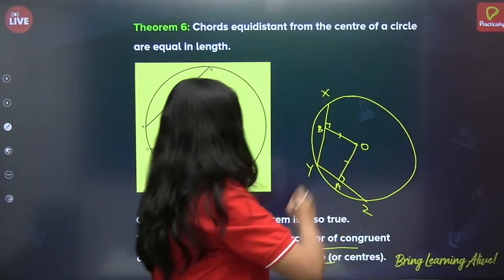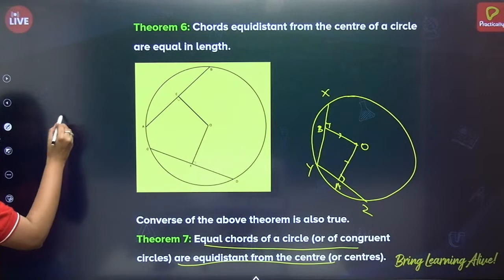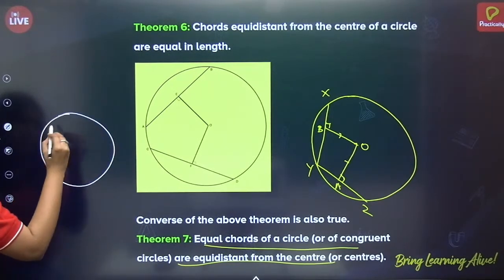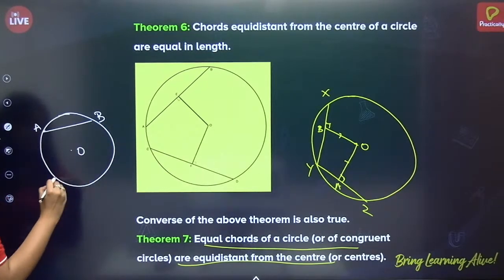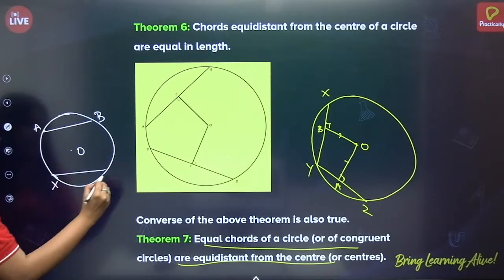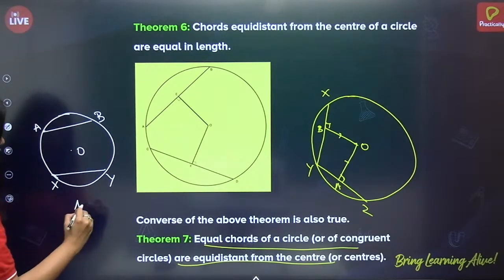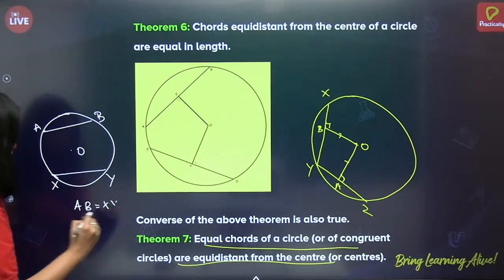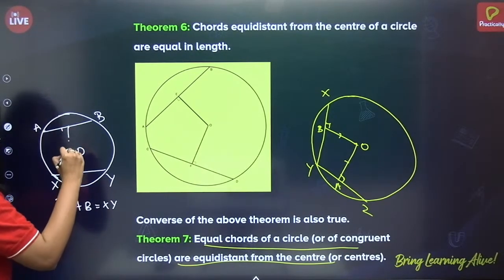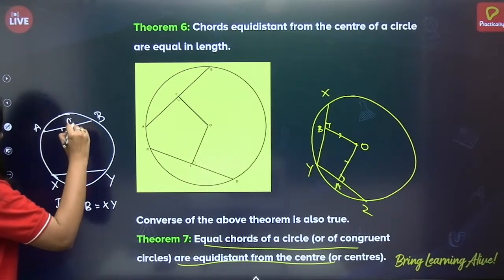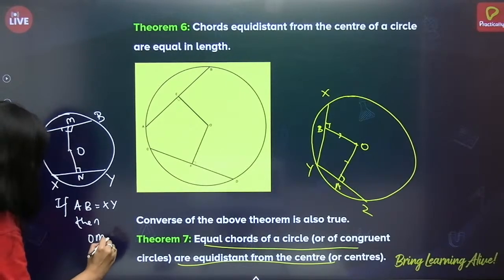So again here, let me just draw a circle. This is AB, this is center O, and this is chord XY. Okay, so I know that AB is equal to XY. If AB is equal to XY, this is M, this is N, then OM is equal to ON.